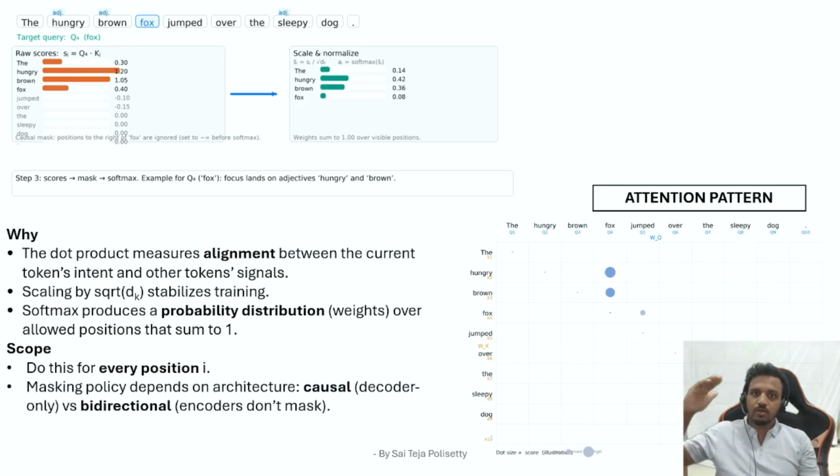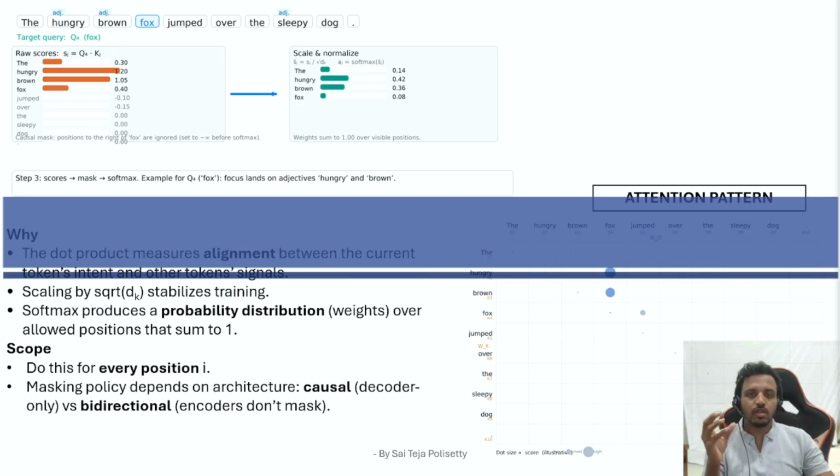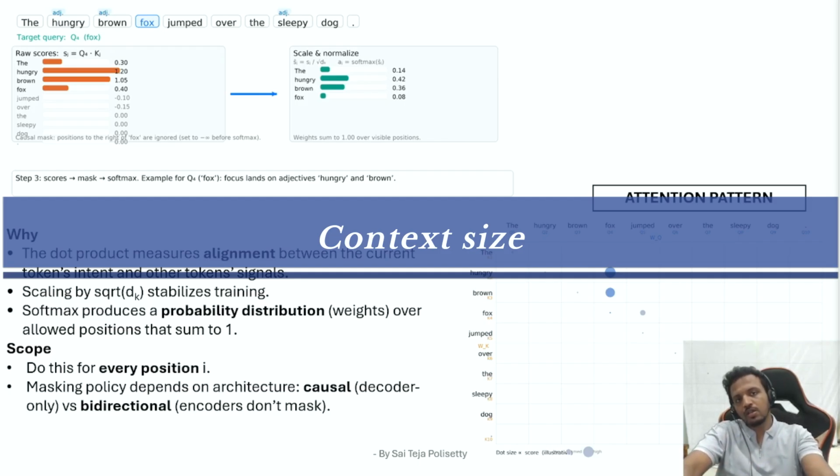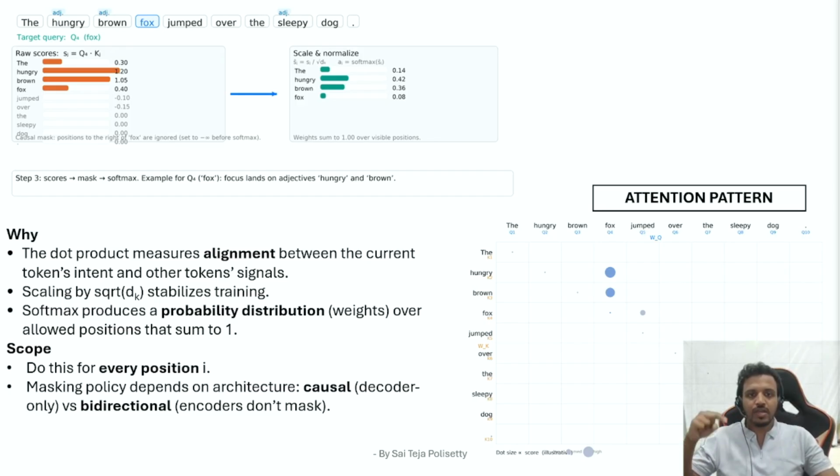That's why when you were using GPT-3, the context size was approximately, I think 2048. Yep, I just verified. So in GPT-3, the context size was 2048 tokens. That's why if you do more conversation in a single session, while it is answering your 100th question, it might forget the first and second question because it is limited by its attention pattern.